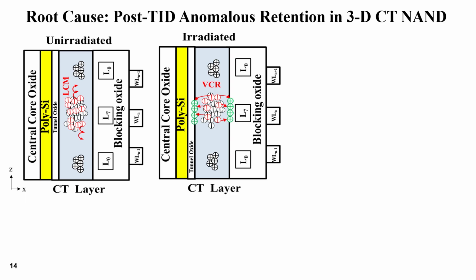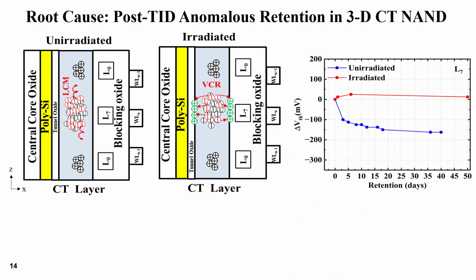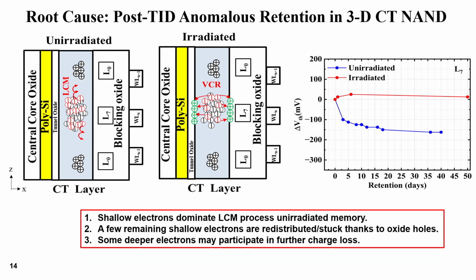As a result, fewer mobile electrons remain available for further lateral migration. Post-TID retention is then governed mainly by deeper traps and vertical redistribution rather than lateral migration, which gives this very stable behavior after irradiation. All of this fundamentally alters the retention dynamics of the device.